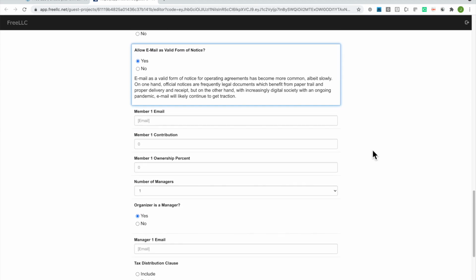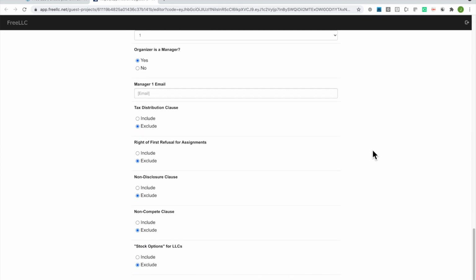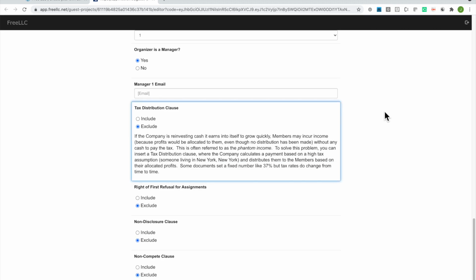in contract context. So finally, we are at the last section, the special provisions. The first one is the tax distribution clause. And as I mentioned before, profits and distributions are different. And you have to pay tax on the profits, not distributions.